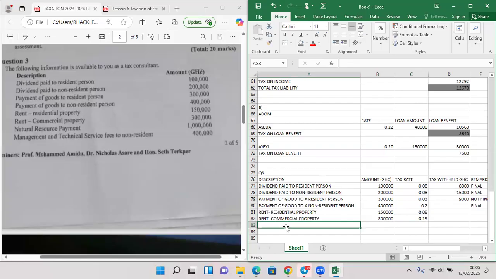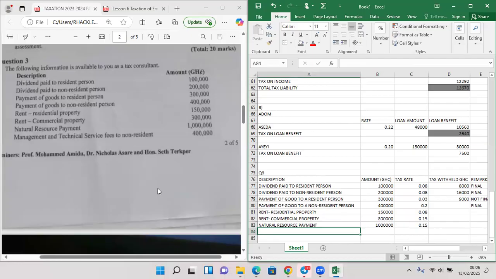Then natural resource payment. The amount is 1 million, and its tax rate is 0.115%.